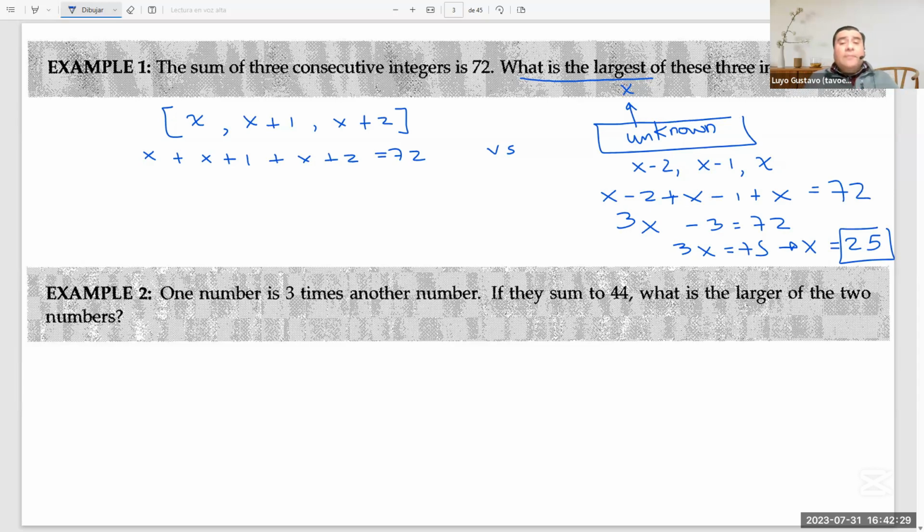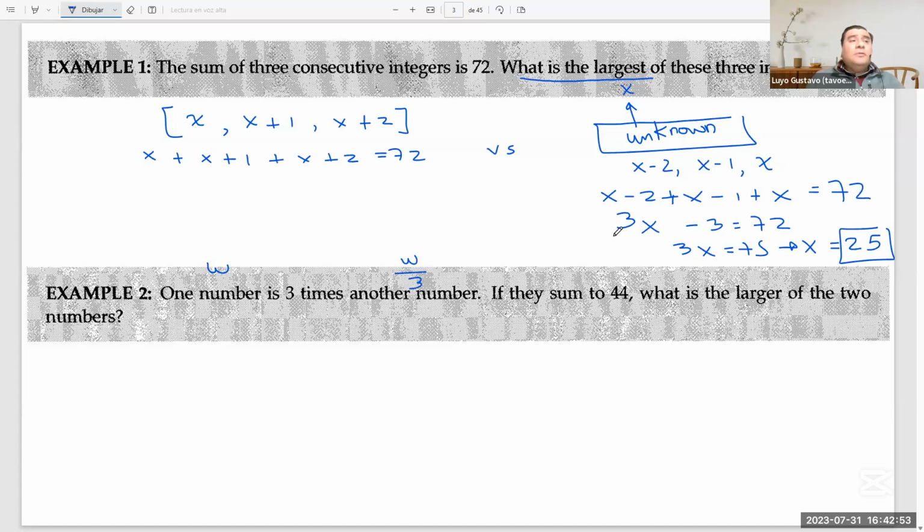Well, for example, you can say that there is one number 3 times another number. To make this easier, I could always define that one number is, for example, w. And since this is 3 times another number, this is w over 3. That's one possibility.